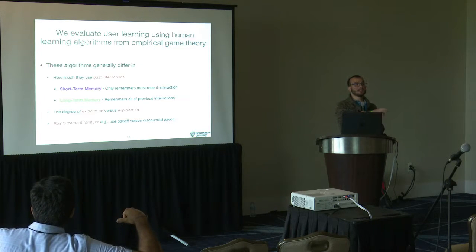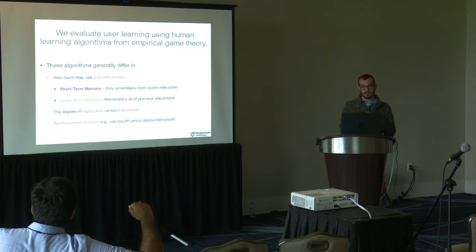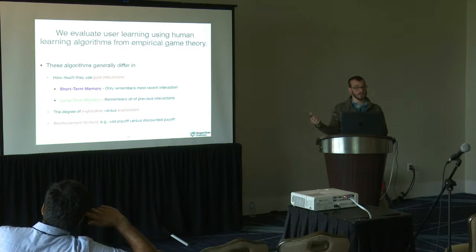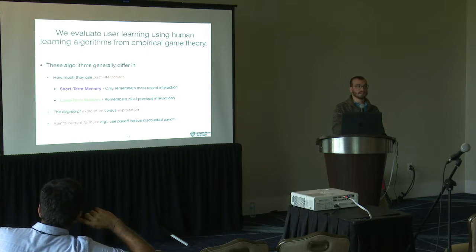Short-term memory means that these algorithms only consider the most recent interaction, whereas long-term algorithms can consider all previous interactions or most of them. They also differ in the degree to which they exploit or explore, which we talked about earlier, and in how they reinforce their learning: whether they use direct payoff or maybe a discounted payoff.